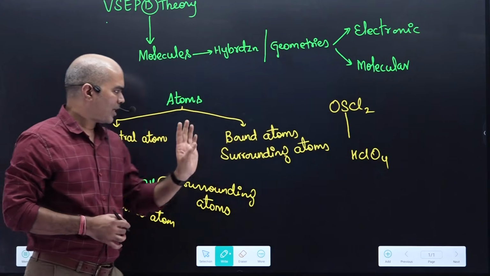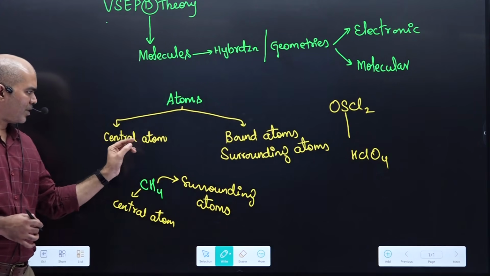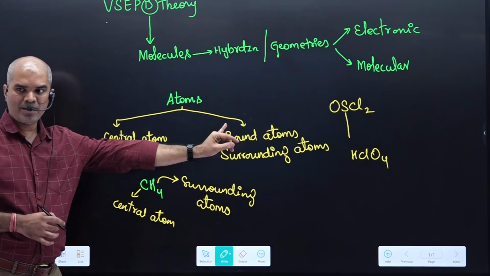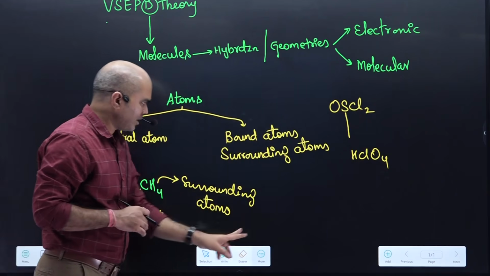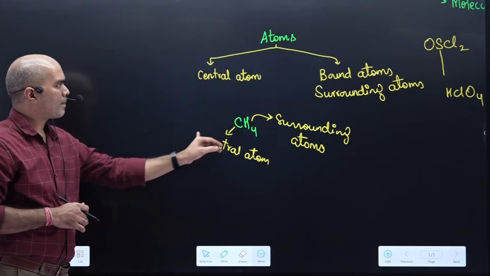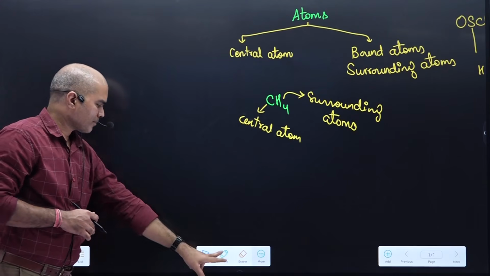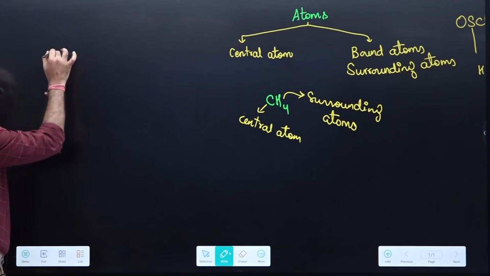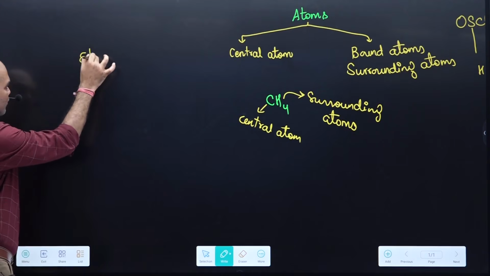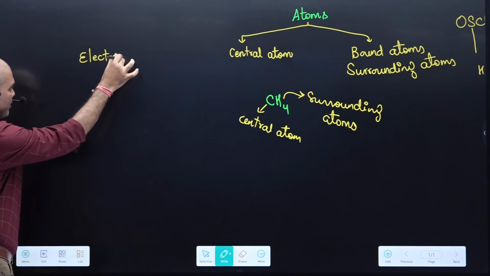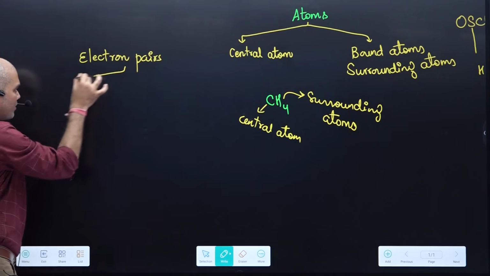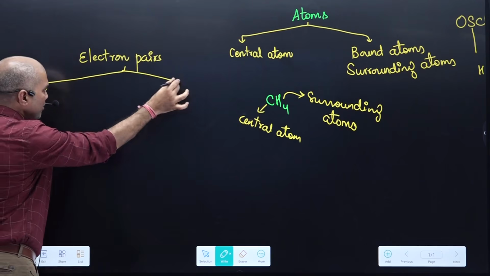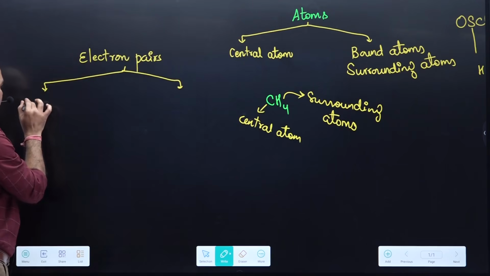So I am classifying atoms into two types: one we call a central atom, another we call a bound or surrounding atom. You just note that classification. This is with respect to atoms. Let me classify electrons also into two, so that this will become easy for you. Two types of electron pairs.